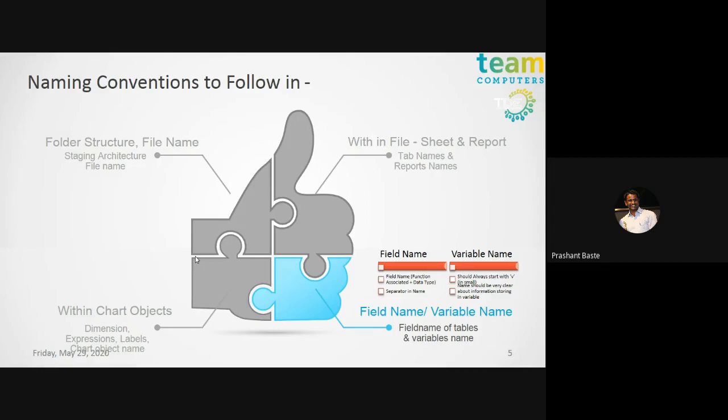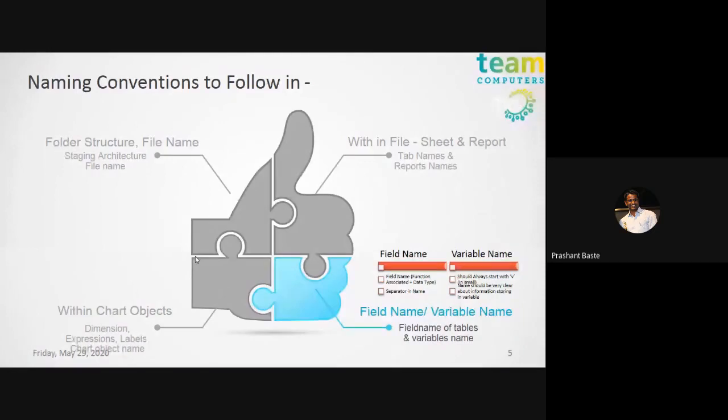If you just put min date and max date, you will not be able to identify whether it is the min date or max date of the current year or the previous year. Instead, you can put vCYMinDate, which is your current year minimum date, and vCYMaxDate, your current year max date. Similarly, you can create 2 years of data, 3 years of data, and use it very simply.